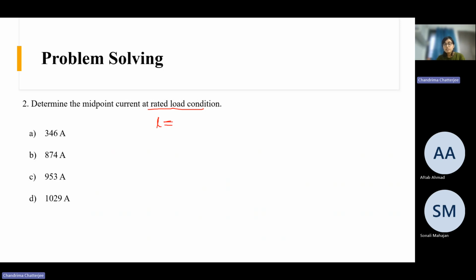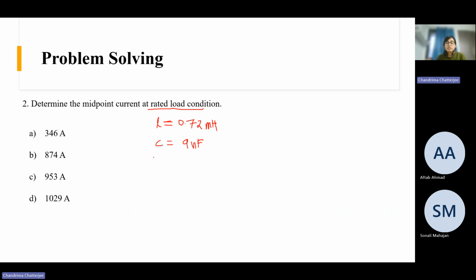So this small l was given as 0.72 millihenry per kilometer, and small c, the transmission line capacitance, is 9 nanofarad per kilometer.